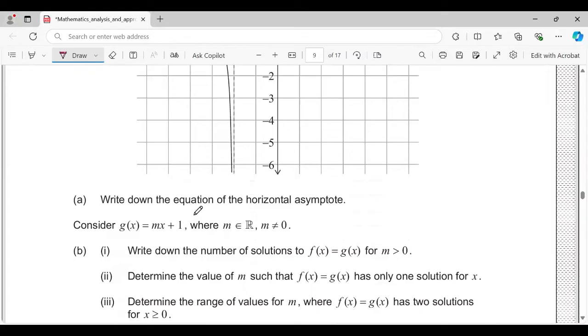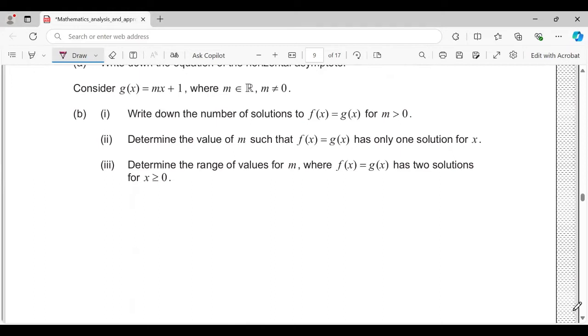Write down the equation of the horizontal asymptote. For a rational function graph's asymptote, how do we determine it? Through comparing the leading terms.